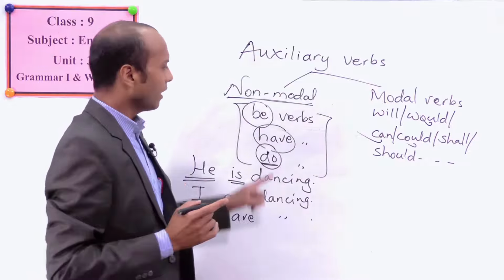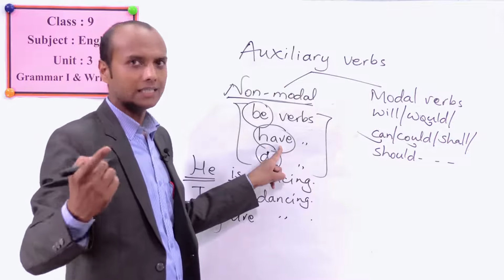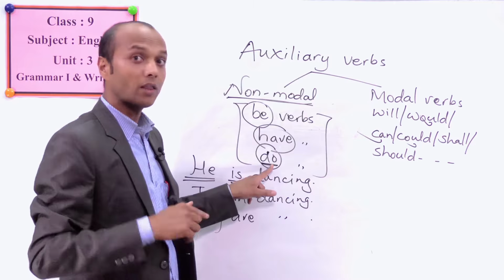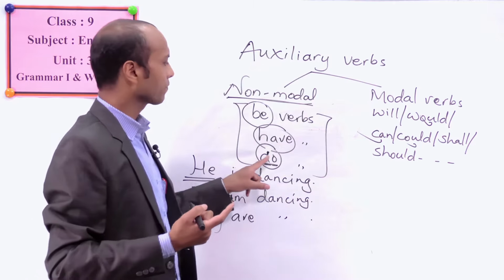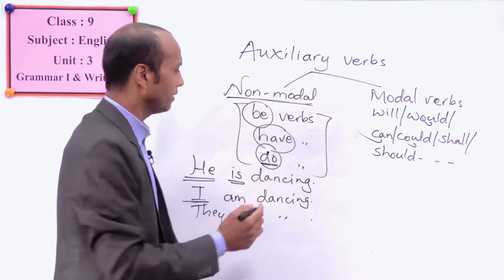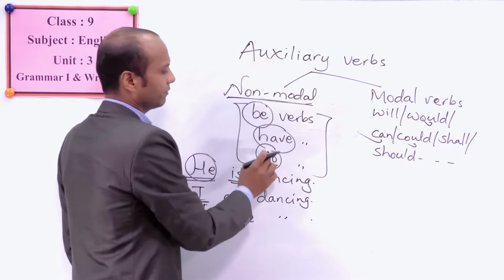Got it? I have, you have, but he or she has. I do, they do, you do, but he does. A boy does. In that way, based on the subject, you have to use different forms.